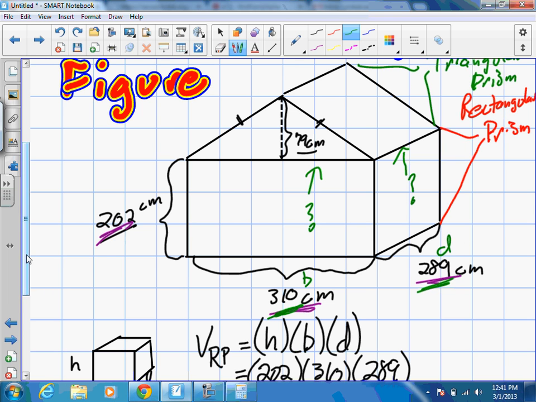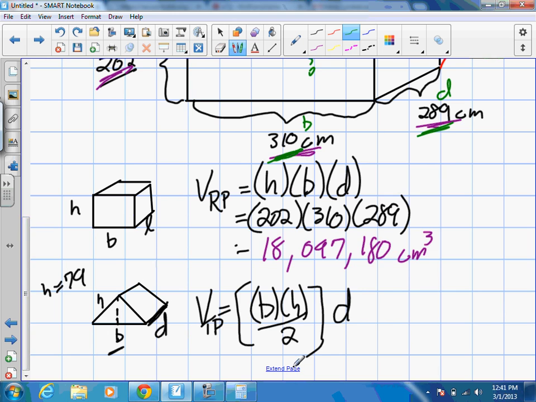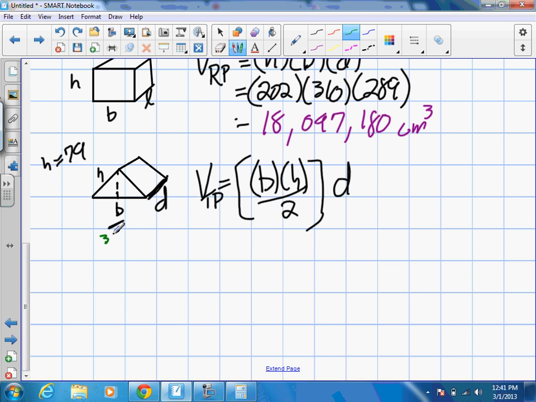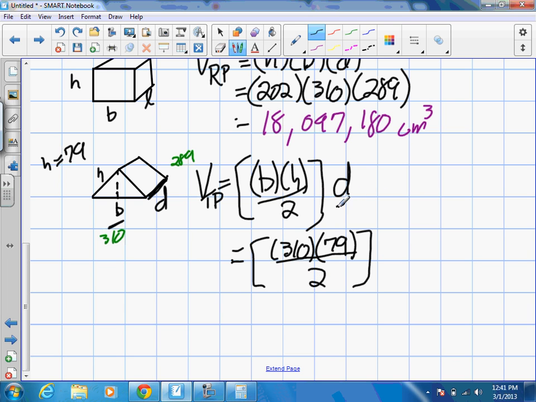Let's plug these values in. Our base was 310 and our depth was 289. Base times height. The base is 310. The height is 79. We're going to multiply those two and then divide them by 2. Then we're going to take that value and multiply by the depth. The depth is 289 in this case. We can do this all in one step in our calculator, I think.